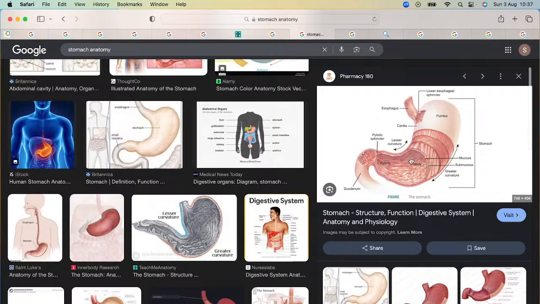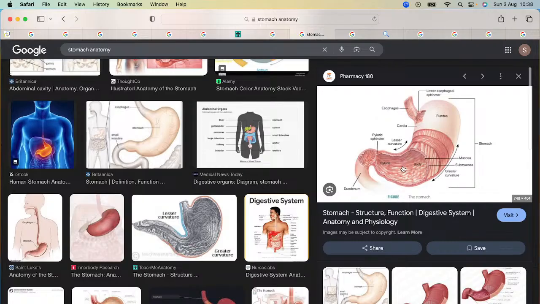And inside, what you can see here, these are what we call the rugae. So what is the importance of the rugae? It is to increase the surface area for the absorption of food. As more and more food comes into the stomach, it will expand, so the rugae essentially will flatten and disappear, and that increases the surface area of the stomach. That's the only functionality.